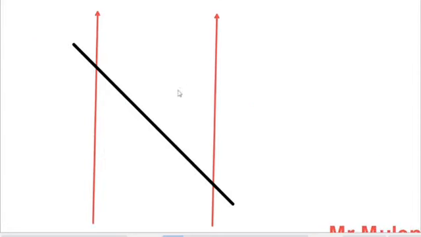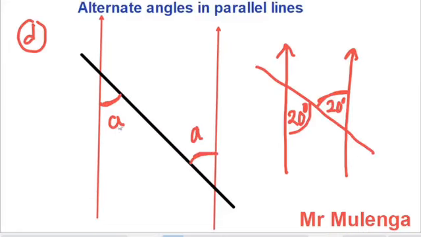We are still looking at the parallel lines. Now in this case, we have an angle here, maybe angle B, and right here we have angle A. The two angles are on the same side of the transversal. It's different from this one, where this angle and this angle are on opposite sides of the transversal, which are equal.